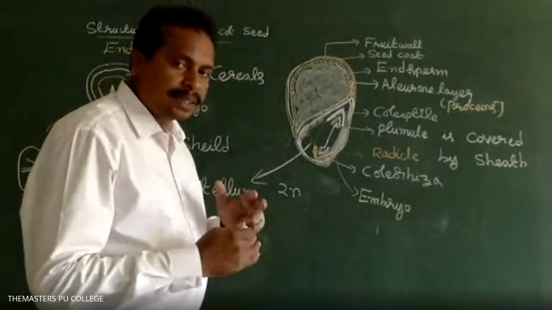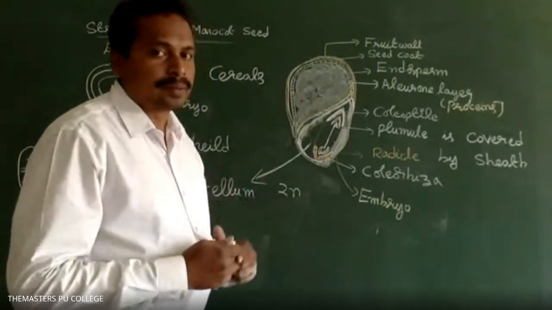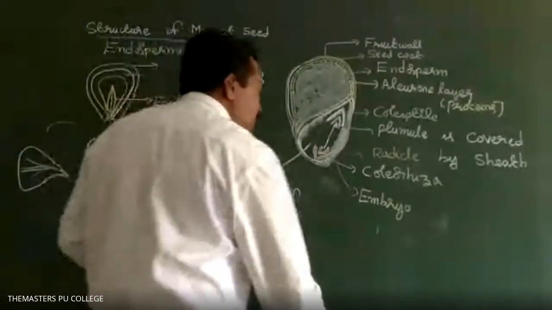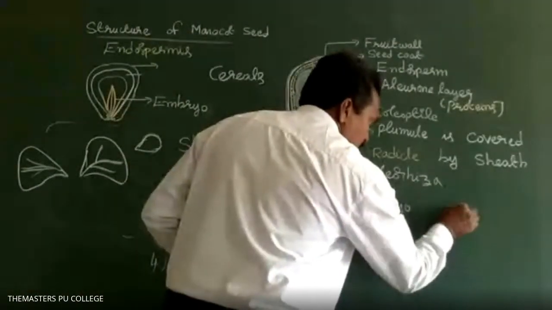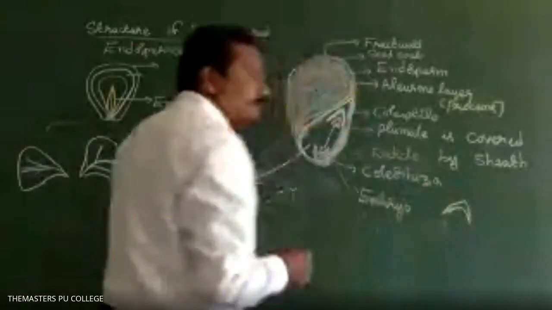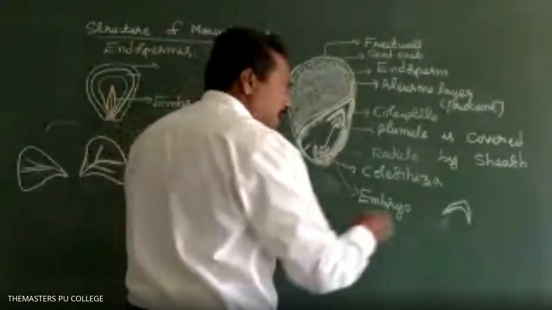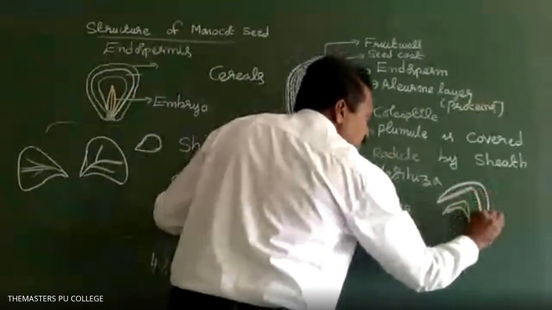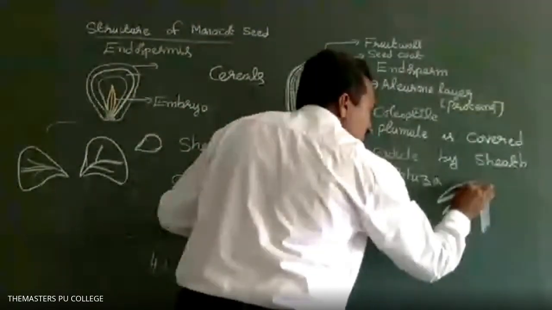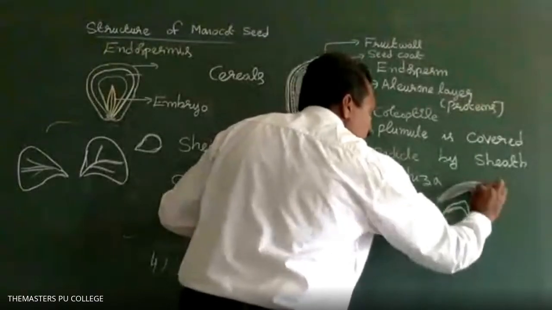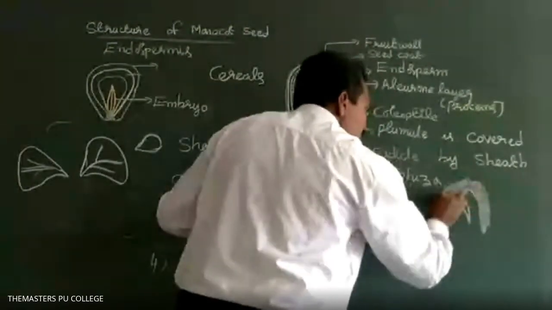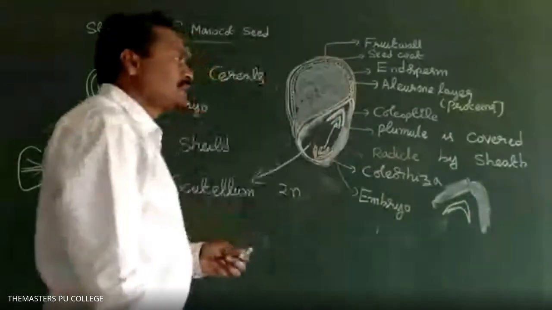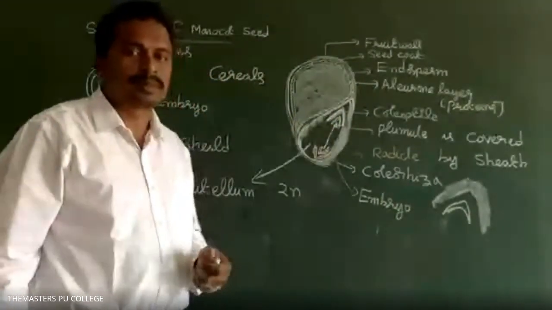That's called the coleoptile. So this is the coleoptile part of the embryo. Is it clear?